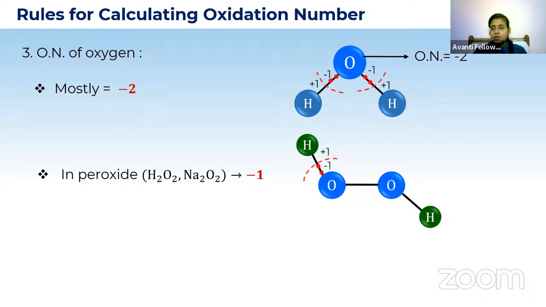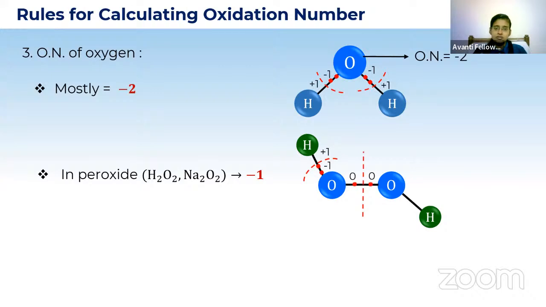And if you take the OO bond, both of them are the same. Both the atoms are oxygen, so the electronegativity value will be the same for both. In that case, nobody will pull the electrons from one atom to the other, so there will be no charge separation.